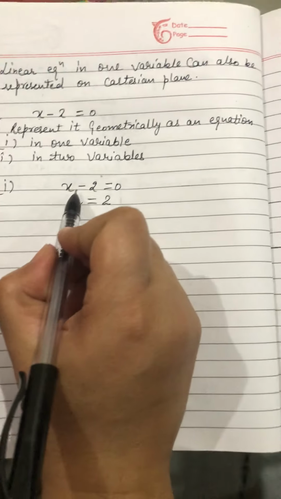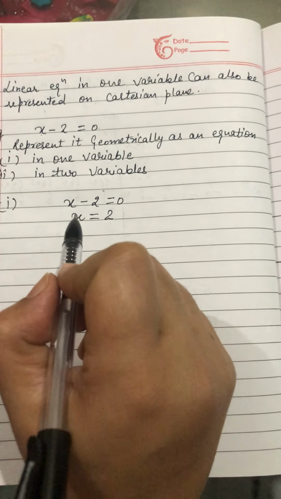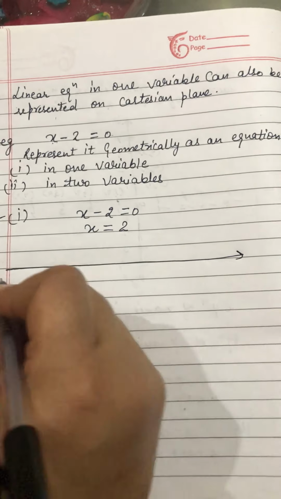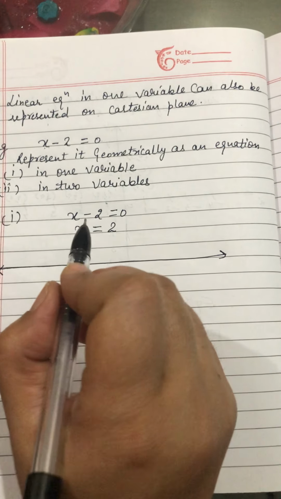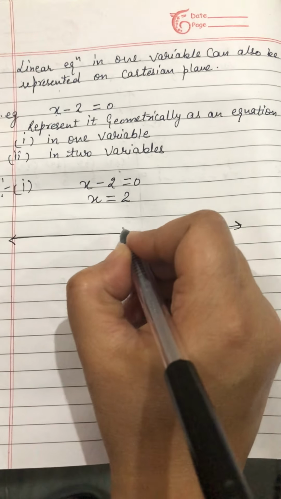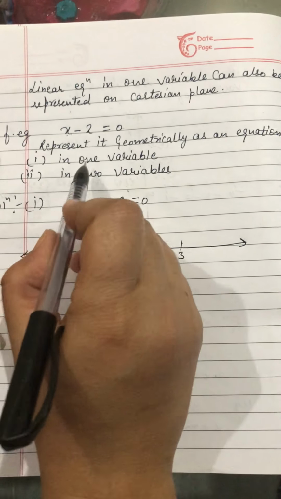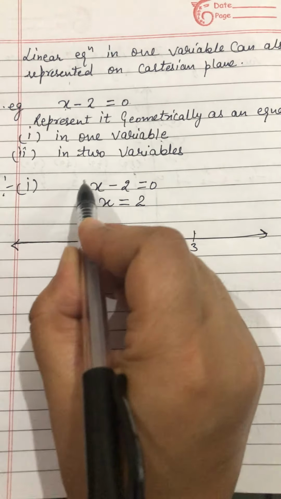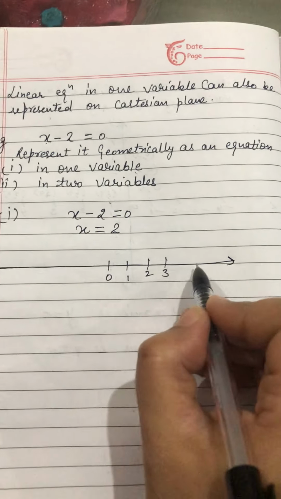It means a linear equation in one variable always has a unique solution, and that solution we can represent on the number line. Every linear equation in one variable can be represented graphically on the number line.